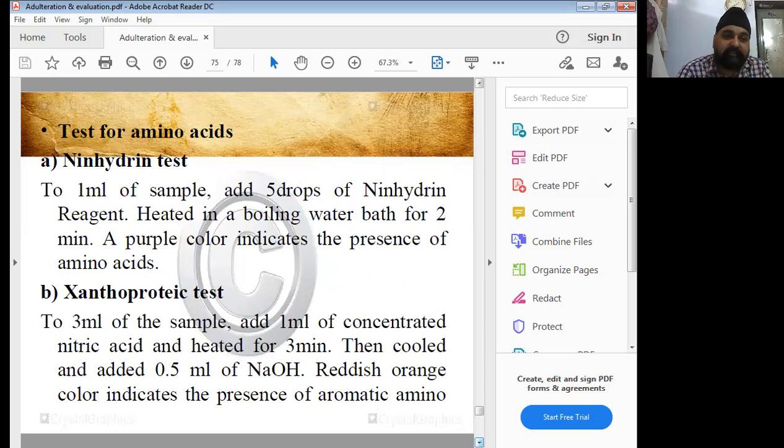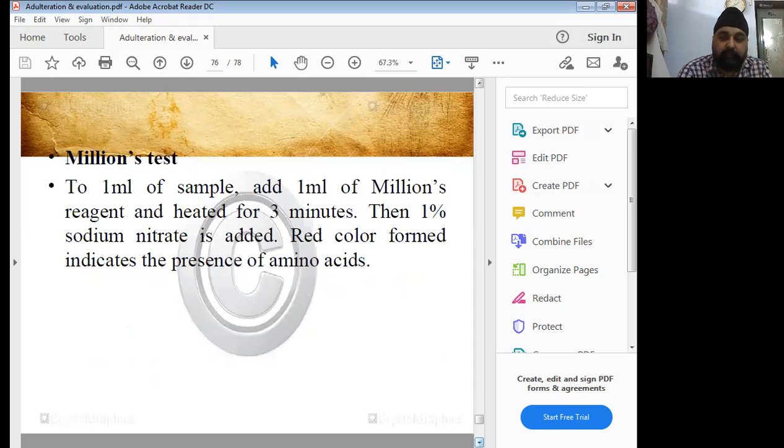For amino acids, tests like the ninhydrin test, xanthoproteic test, and Millon's test are also there. In Millon's test, we take 1 ml of sample, heat it for 3 minutes, then add sodium nitrite to it. If red color is formed, it means the test is positive.